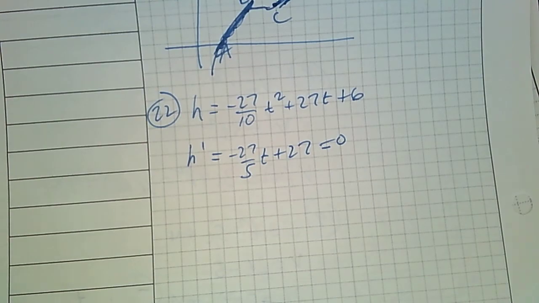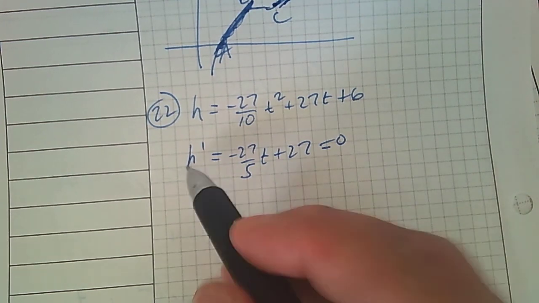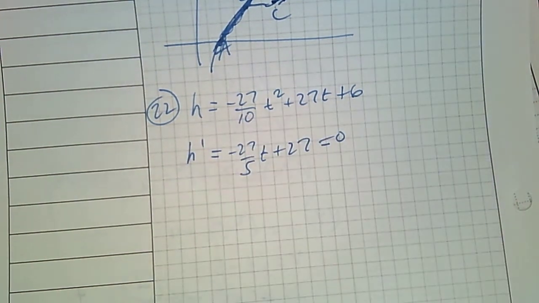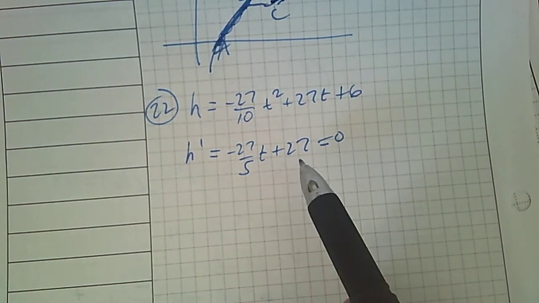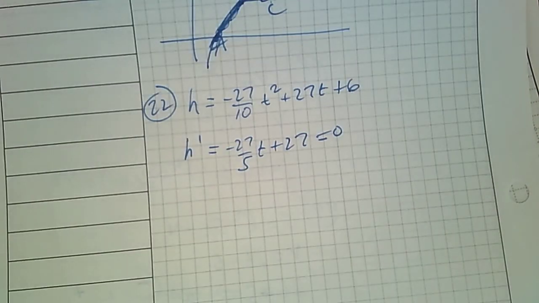Because if we make the derivative equal to 0, what we're finding is where it changes, like velocity. You know, when velocity is 0, we're looking to see when it changes direction. In this case, when we make the derivative equal to 0, we're looking to see where it changes from rising to falling.